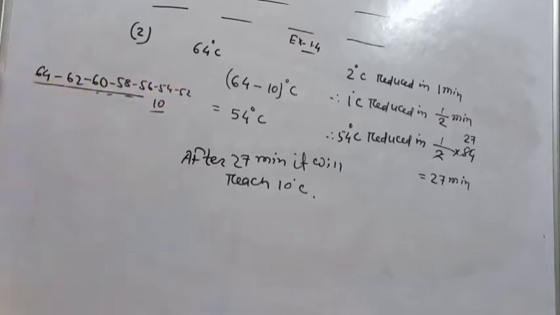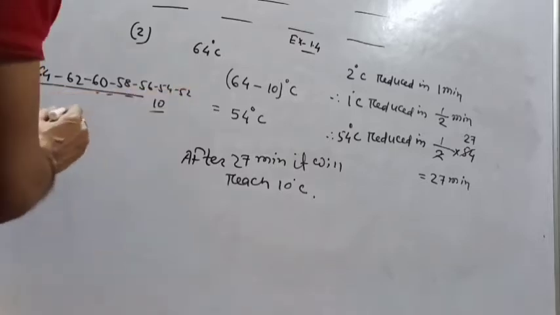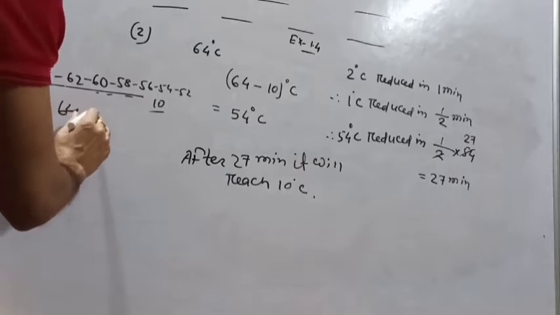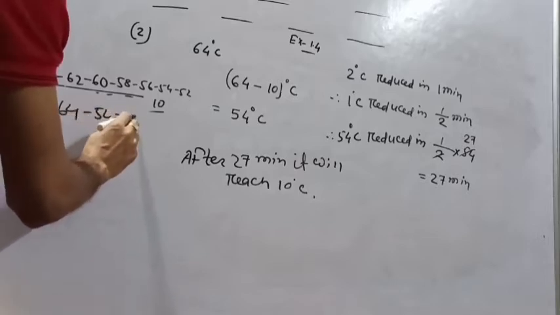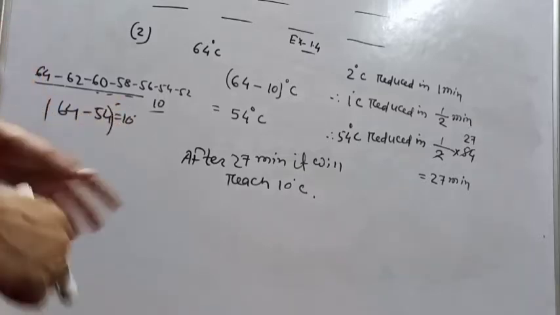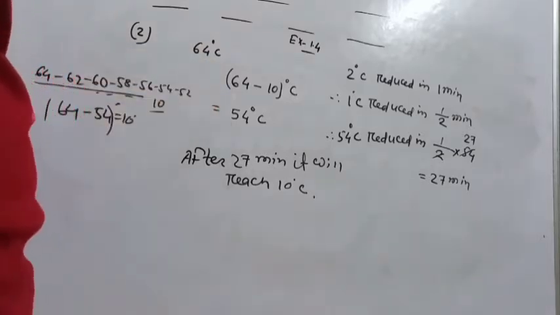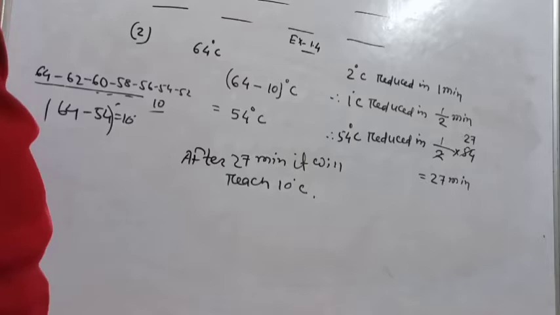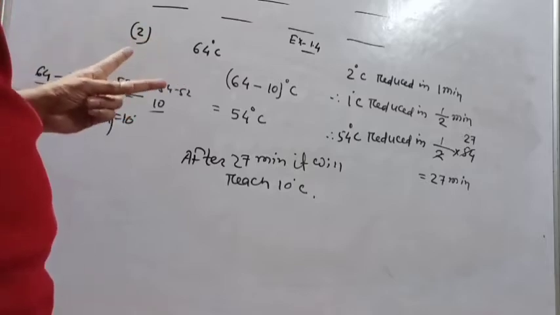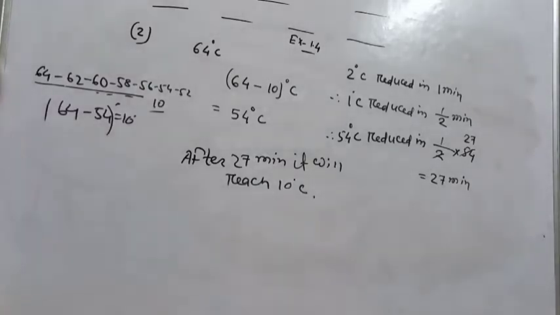So after 27 minutes we will get 10 degrees Celsius, because 64 minus 54 is 10 degrees. For 1 minute, 2 degrees.